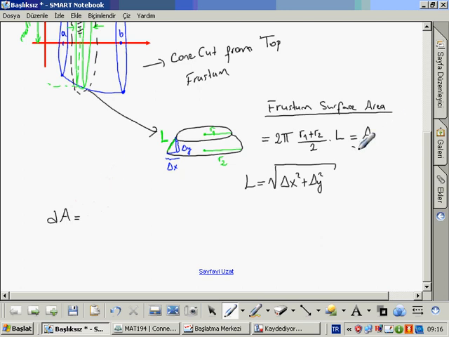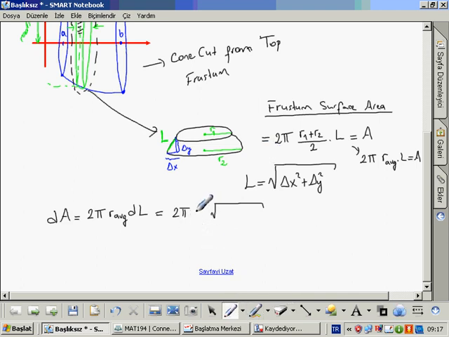maybe for this part again we can say 2 pi times the average radius times L equals the area, and after that del A equals 2 pi R average del L, and it can also be written 2 pi R average times the square root of del x squared plus del y squared, where R average can be written as f of x.